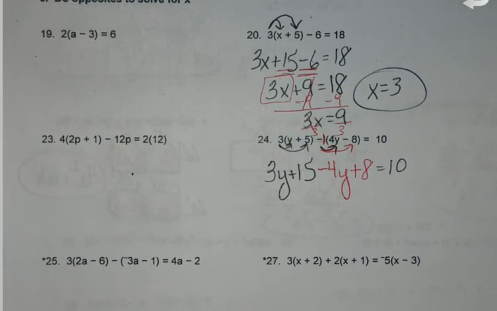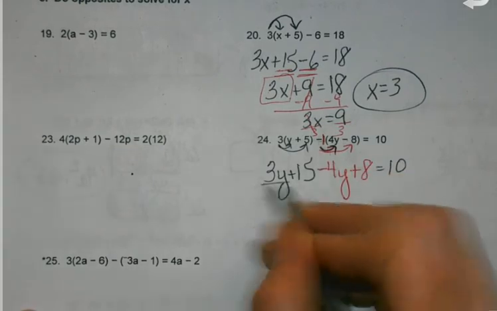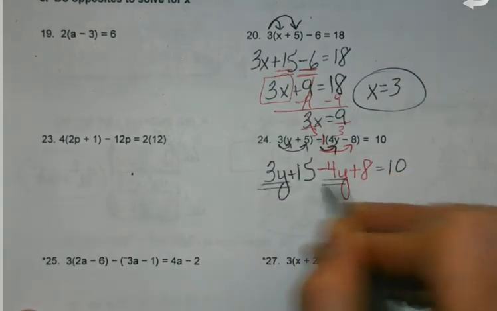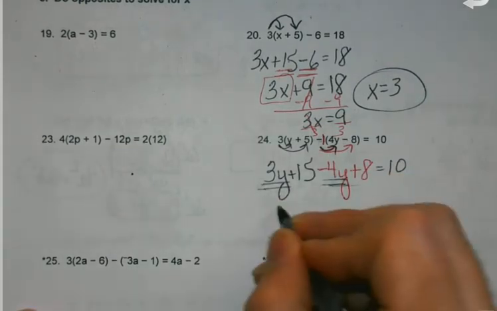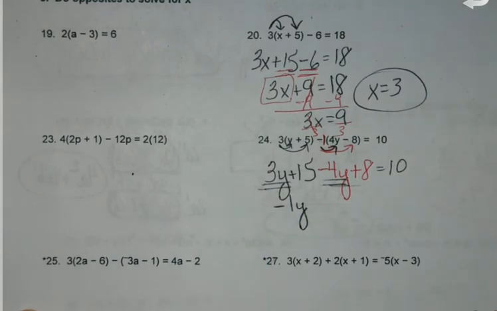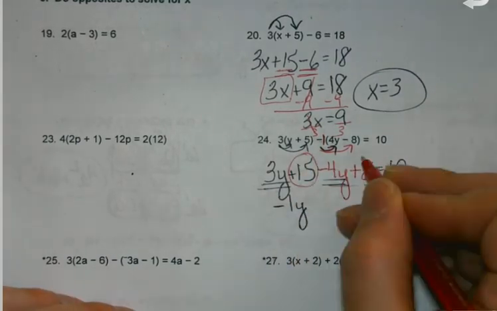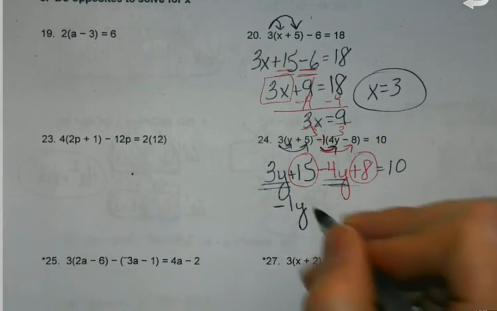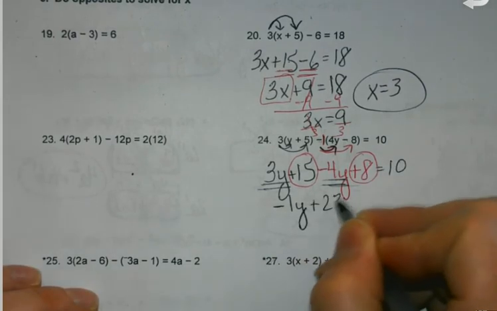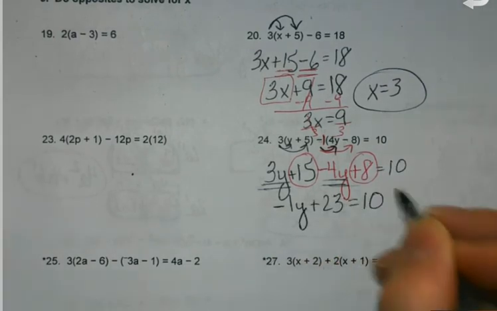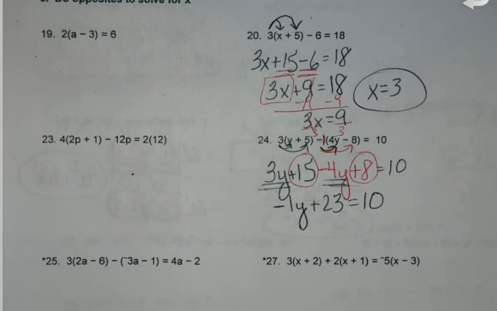And so once I get to here, now I just say, okay, 3y. Ooh, if I got $3 and I go and spend 4, I'm 1 in the hole. But if I have $15 and I find another 8 in my pocket, I now have 23.